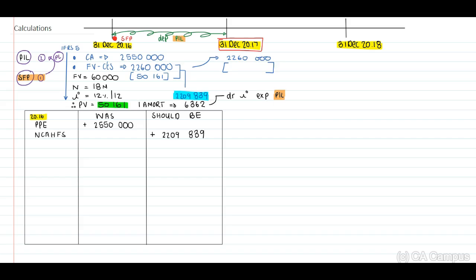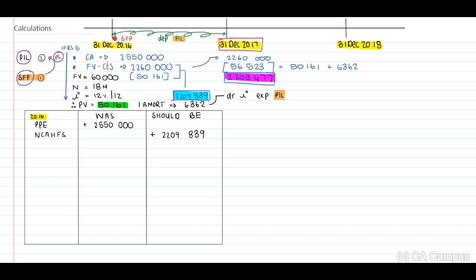Now, our cost to sell will now be the 50,161 plus our interest. And our cost to sell will now be an amount of 56,523. Therefore, our fair value less cost to sell will be 2203,477. Okay, this is also important to us, guys.